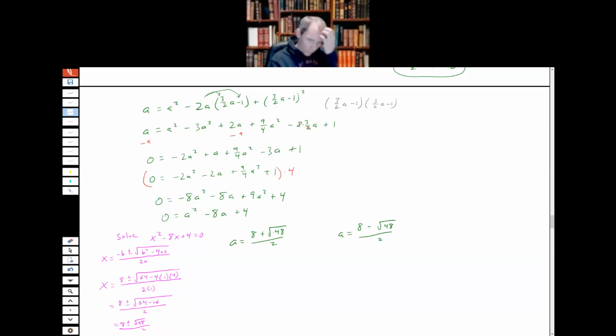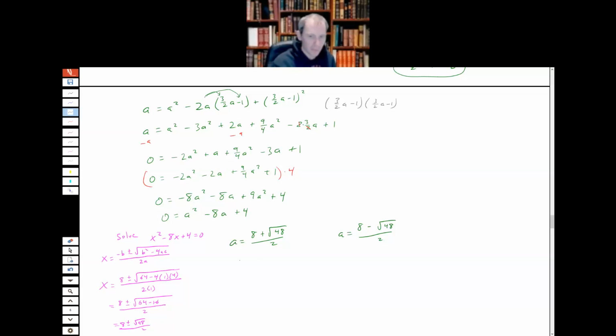Now, with this square root, I think you'll probably remember from an algebra class, you pull out as many factors of 48 as you can, and then you end up with it simplified. If you don't want to do that, that's fine, but it'd be nice to at least cancel the 2. So I would look at this and say, is there a factor of 4 that I can factor out? Then when I take the square root, I get a 2 and cancel with this 2.